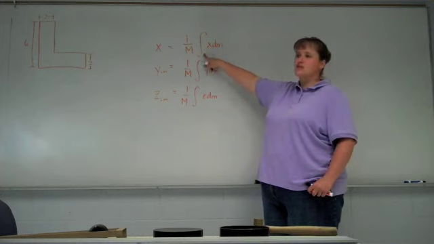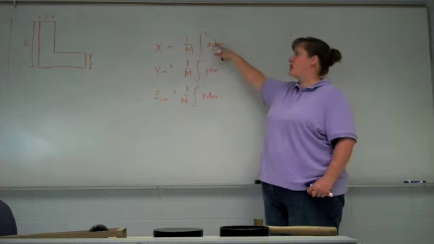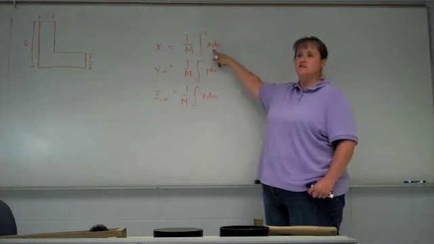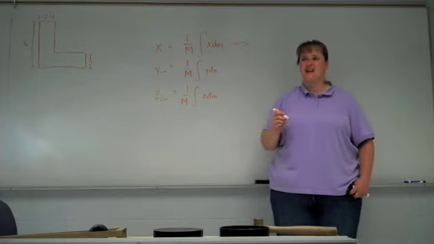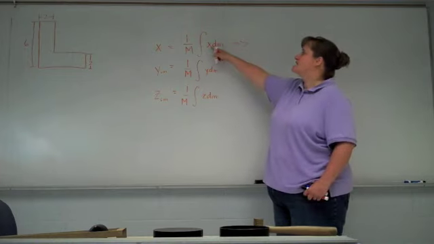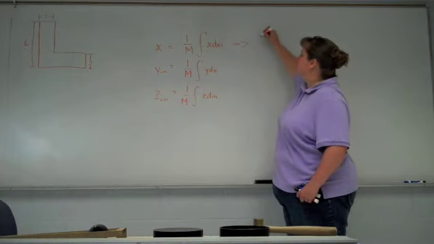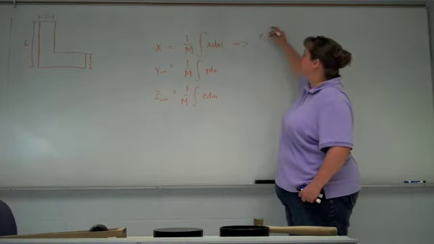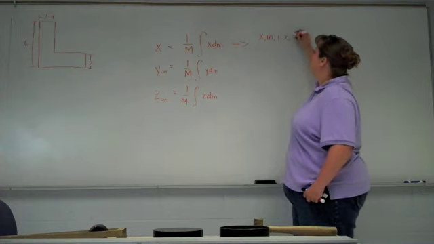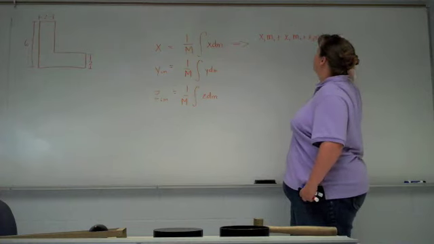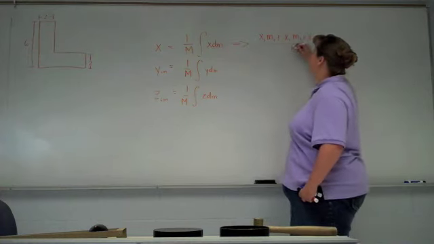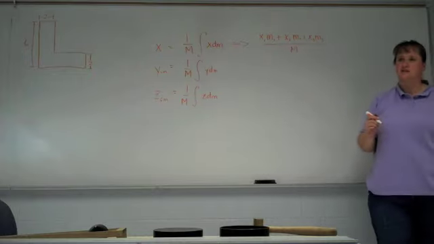Remember, the integral is simply the summation of a whole bunch of little pieces. If you only have a couple pieces that you need to add together, you can take simply their masses times their distances over the total mass and still get the same result.